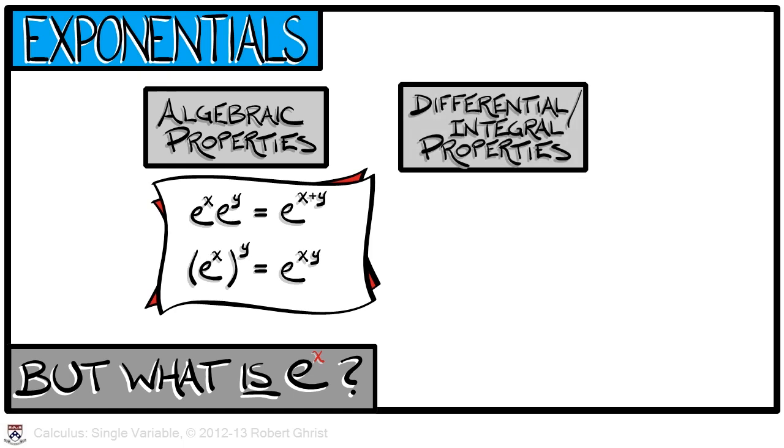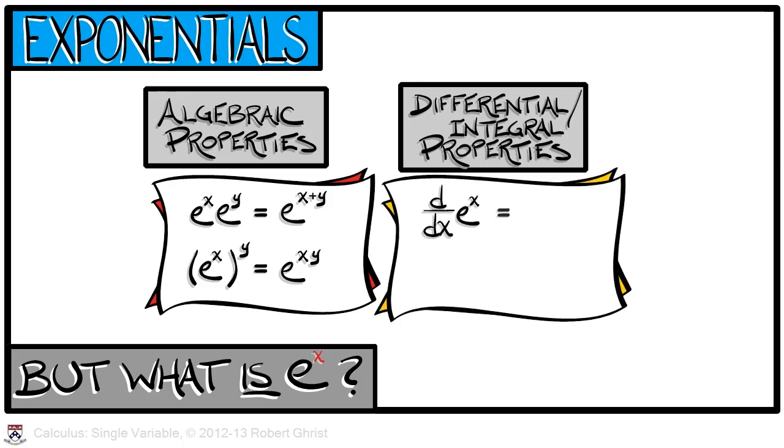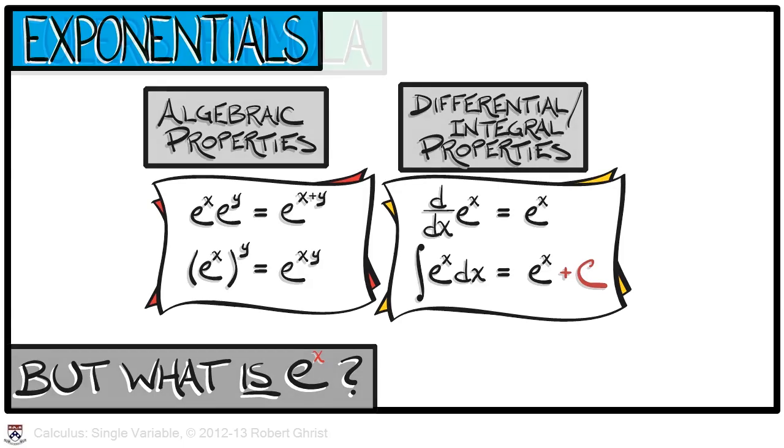In your prior exposure to calculus, I'm sure that you've seen some of the differential and integral properties of this function. E to the x has this wonderful property that it is its own derivative, and, of course, that it is its own integral, at least up to a constant.